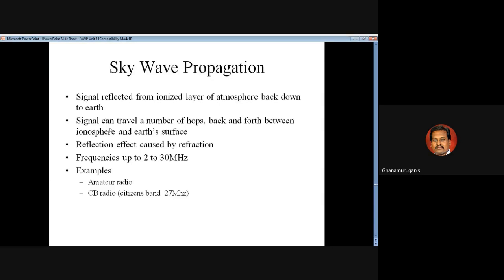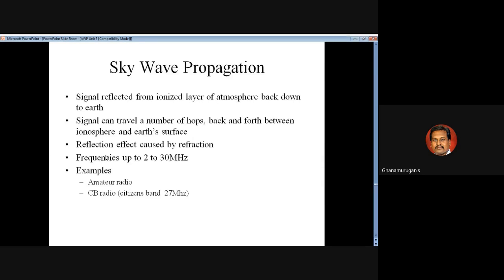The signal can make a number of hops back and forth between the ionosphere and the earth surface. Hopping back and forth means it is a reflected wave. Finally you reach the destination.